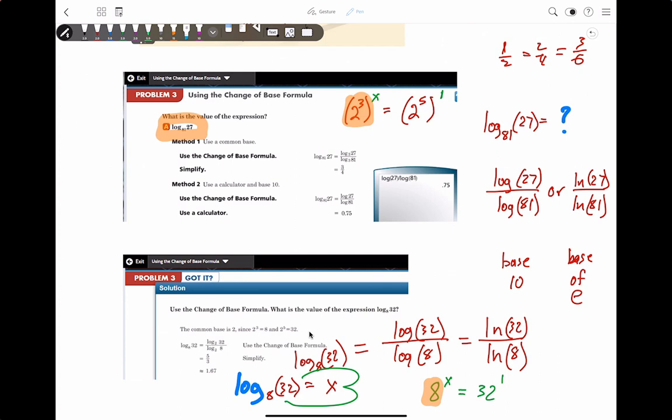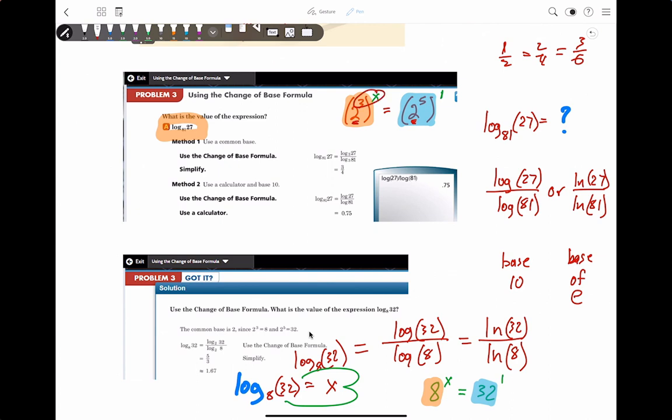So let me highlight what's going on. This 32 to the power of 1 is 2 to the 5th power to the power of 1. The reason I did that is because now I have the same bases. Again, I'm trying to show you this is a skill that you need to know to do by hand, not just with the calculator.